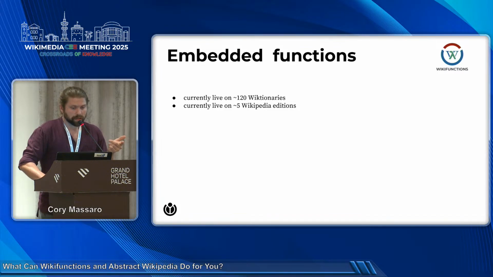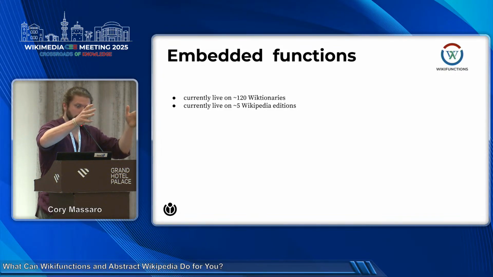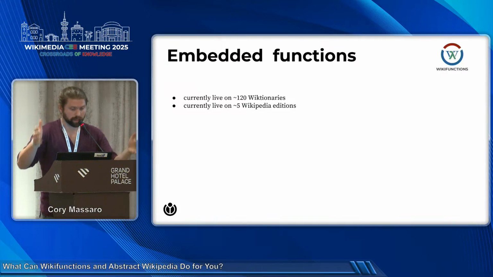And with that, you can start embedding functions into other wikis. Currently, Wiki Functions itself is live on, I think as of yesterday, 123 Wiktionaries. We were at 119. The numerology of this is strange.